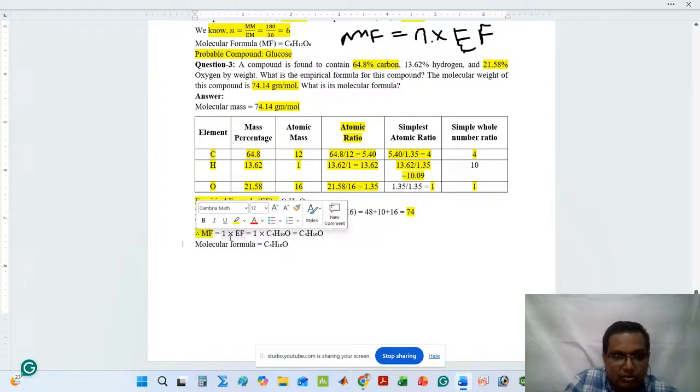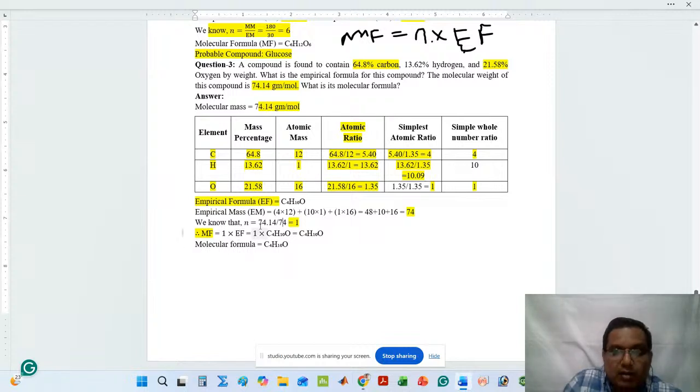Here the value of n is equal to 1. Here I can write molecular formula is equal to 1 into empirical formula. Finally, I can write C4H10O. Our target was to find out the molecular formula. The molecular formula is C4H10O.